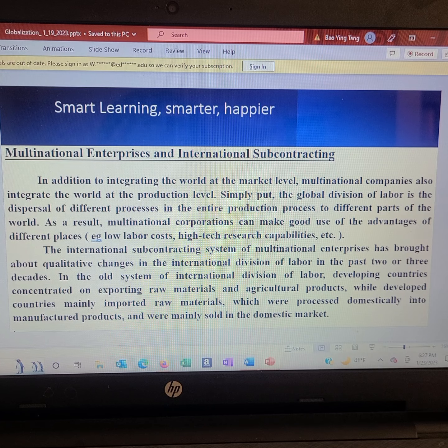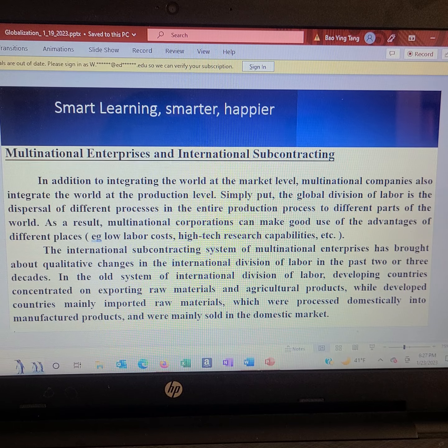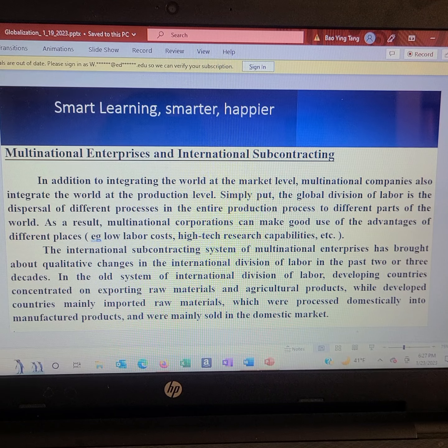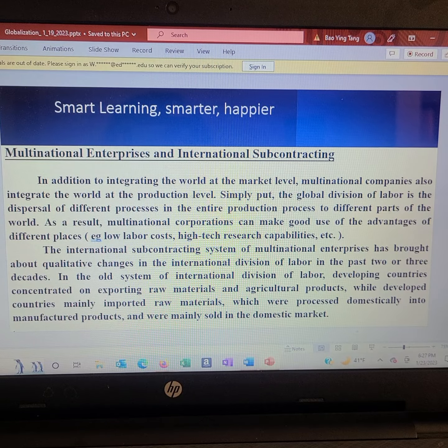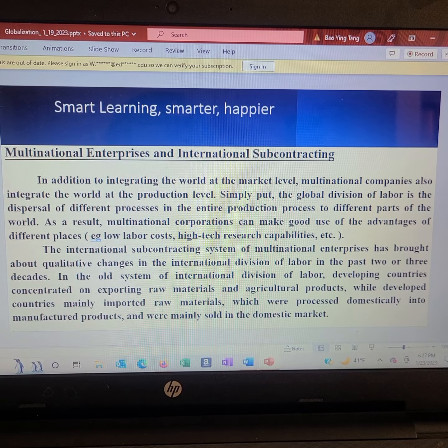As a result, multinational corporations can make good use of the advantages of different places, that is, low labor costs, high-tech research capabilities. The international subcontracting system of multinational enterprise has brought about qualitative changes in the international division of labor in the past 2 or 3 decades.